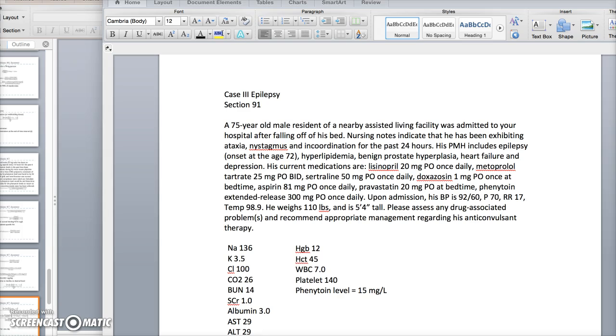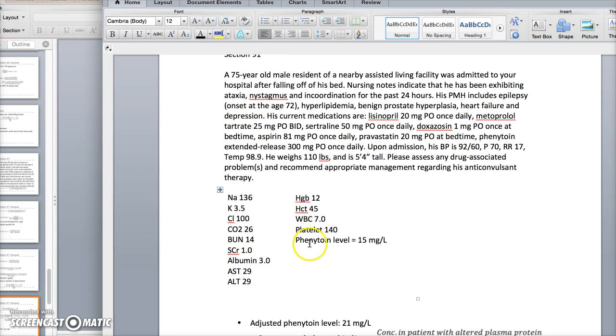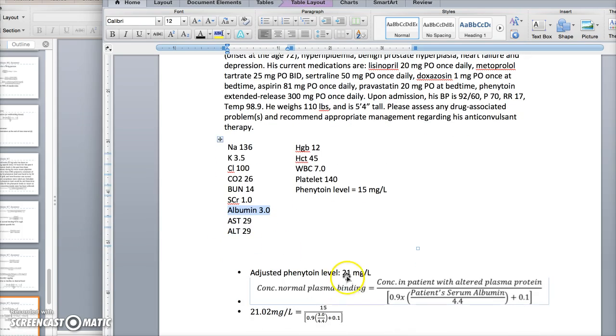Now, one thing I wanted to go over with you was from the lab yesterday. Section 91 had their lab, and it seems like some people were not able to get to a consensus on the number of days it takes for the concentration to drop. In this lab case, there was an elderly patient who had a phenytoin level of 15 milligram per liter, but with his low albumin taken into consideration, his adjusted level was 21 using this particular equation.